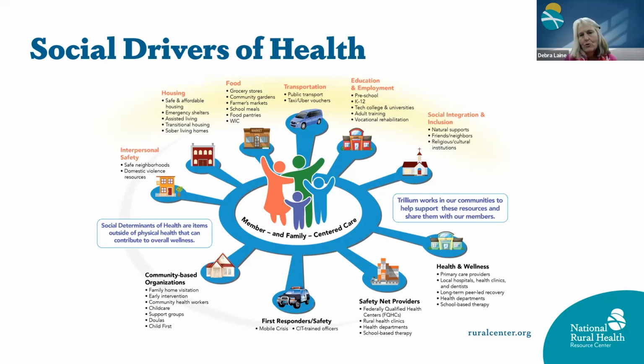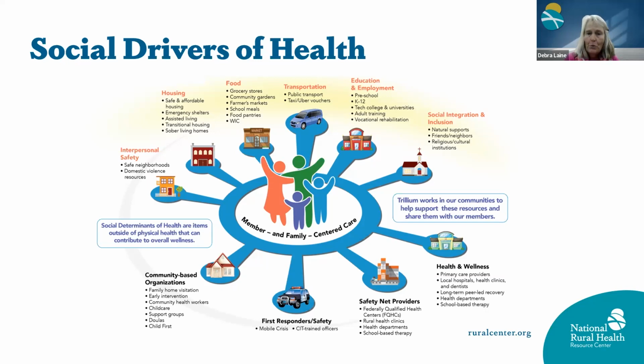Knowing your primary social drivers of health is key. If one of the social drivers of health is food insecurity, consider bringing partners such as grocery stores, community gardens, farmers markets, school meal programs, food pantries, SNAP, WIC. Those are all some real natural partners to be bringing to the table.